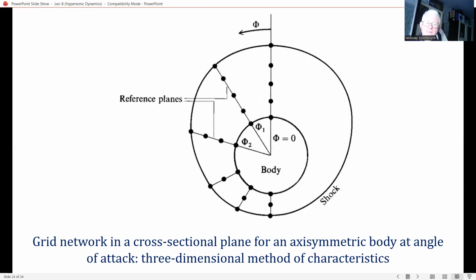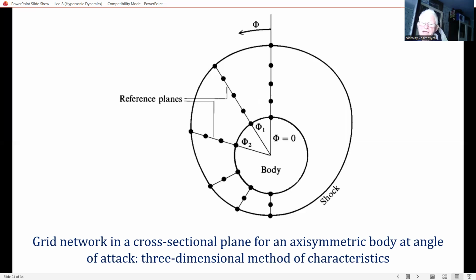In this approach, which is sometimes labeled the semi-characteristics or reference plane method, the three-dimensional flow field is divided into an arbitrary number of reference planes containing the center line of the body. And this is sketched in our slide for the case of an axisymmetric body at angle of attack. The figure on this slide shows a front view of the body and shock wave.